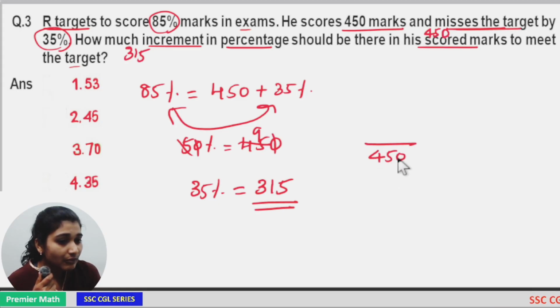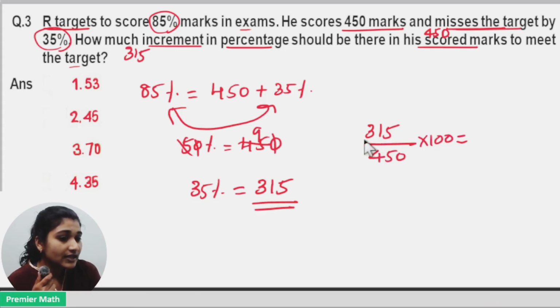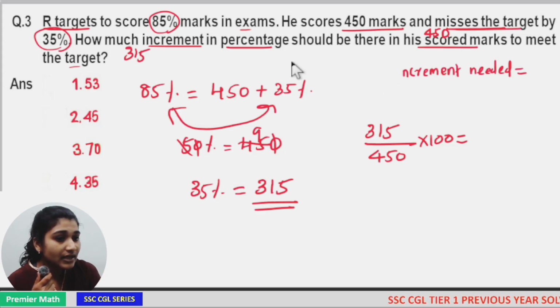On this 450 marks, the increment needed is 315. That is, he needed a 315 increment from this 450. If you convert it into percentage, that is your answer. That is, 315 is how much percentage of 450?